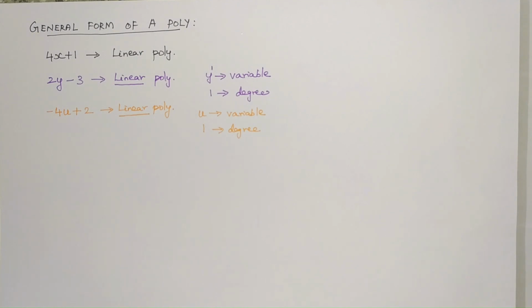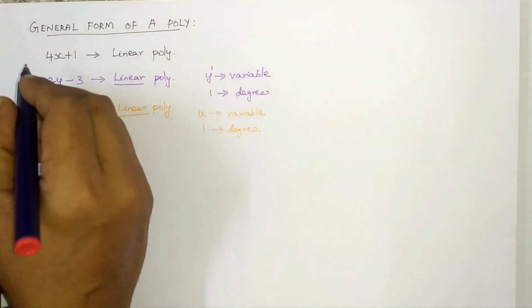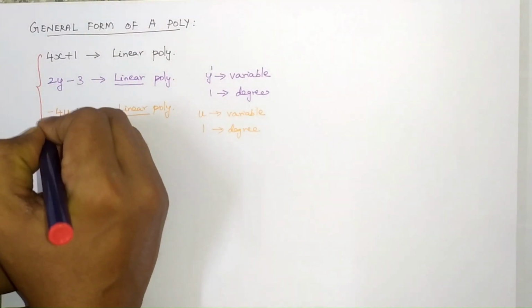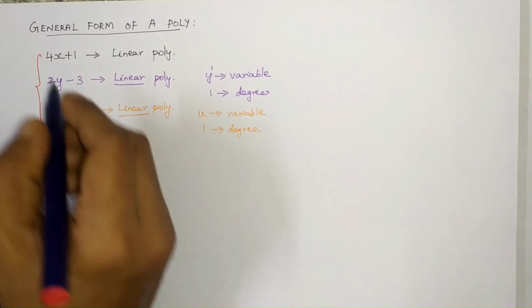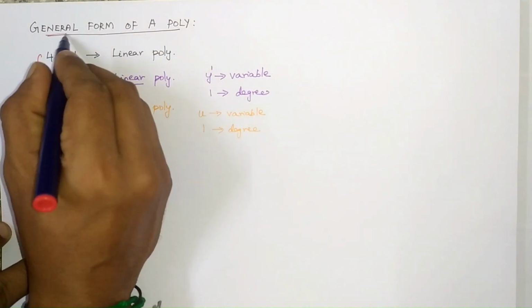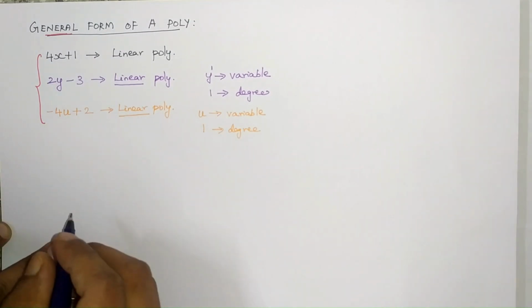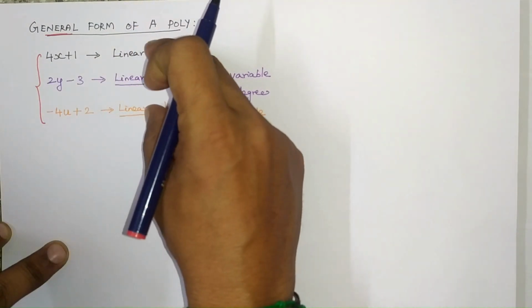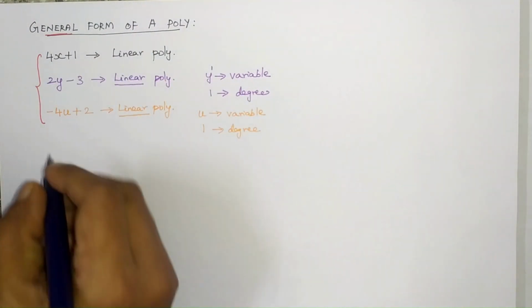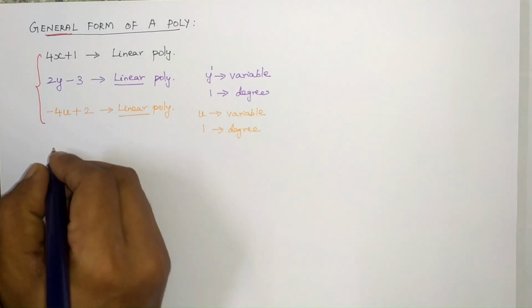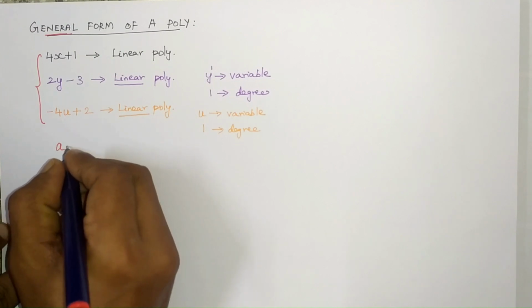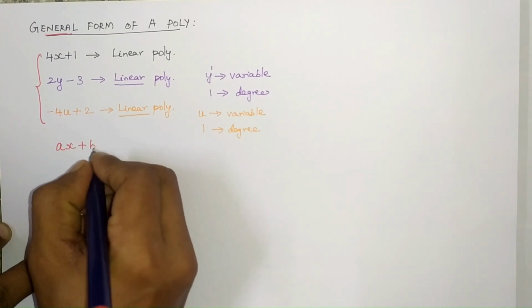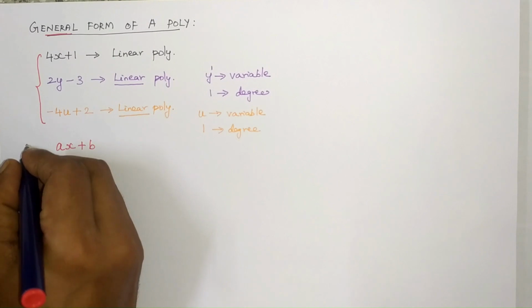So when we observe all these three examples, what can we conclude? We can conclude that the linear polynomials have a general form. I can write the general form as ax plus b, say p of x.